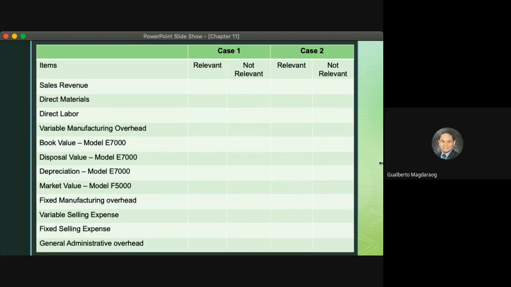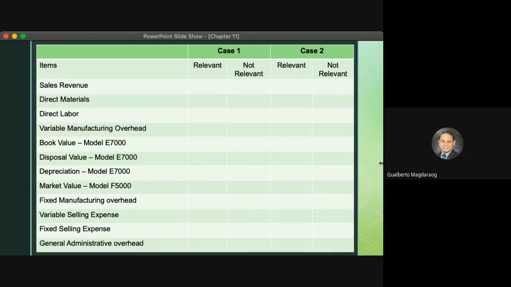And we were given two cases, case 1 and case 2, but both cases will use the same items to determine whether they are relevant or irrelevant. So in short, in this exercise, you will be able to realize that hindi po fix when we make a cost relevant or irrelevant.